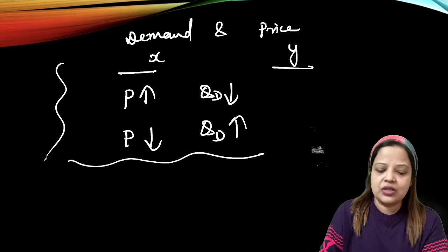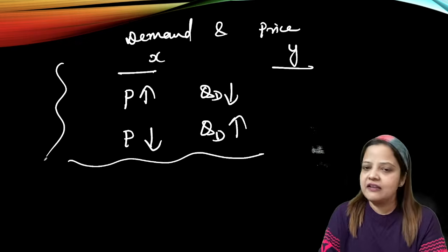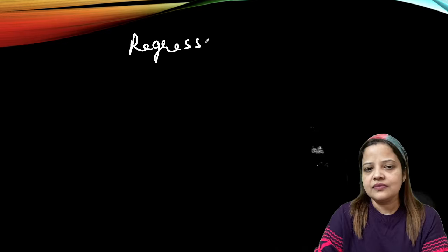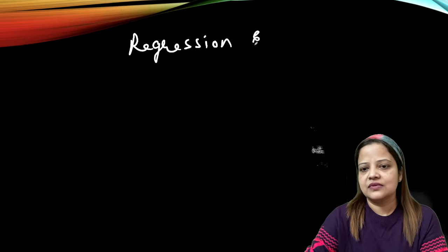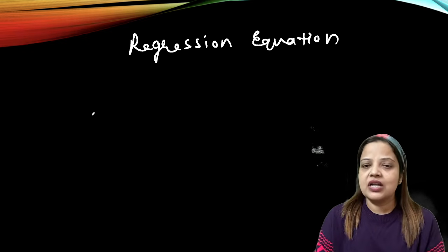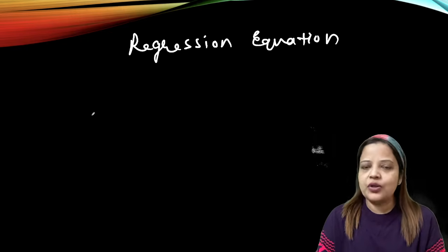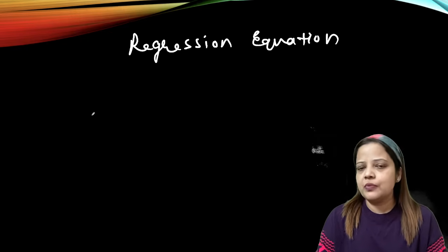So to find out which one of these is the cause and the effect, we calculate the regression equation. The regression equation gives us two regression lines, and with the help of those lines, we find out which variable is the cause and which is the effect.